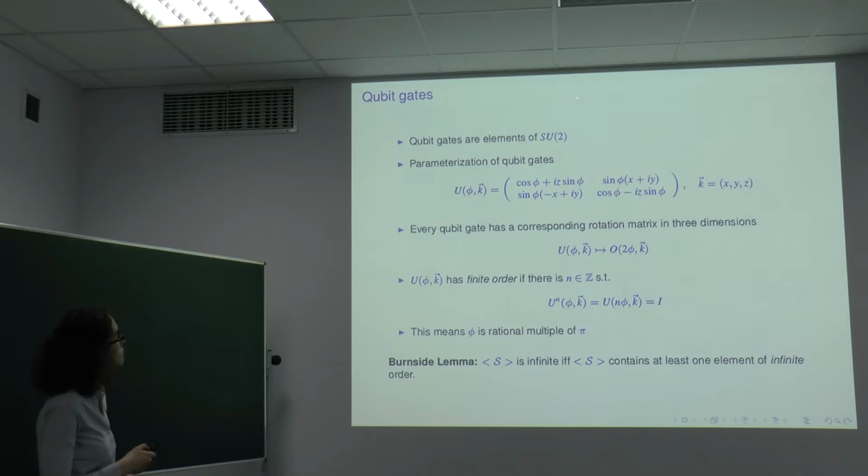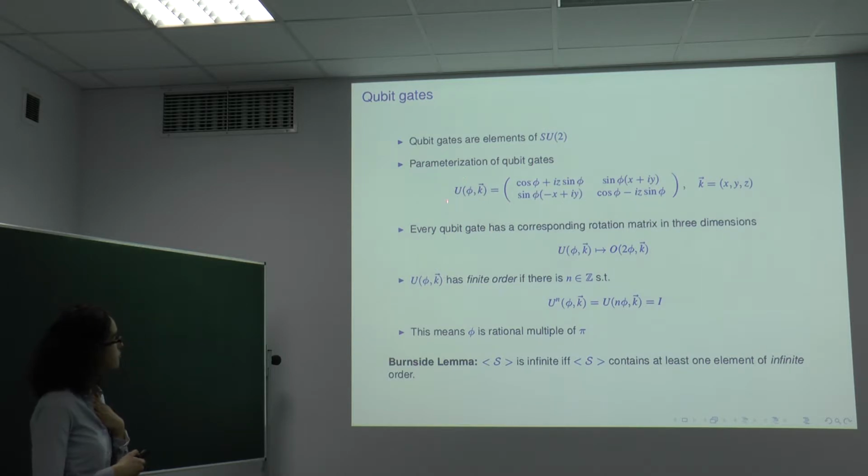Among all quantum gates, especially important are qubit gates, because according to my knowledge, all existing quantum computers work on qubits. So qubit gates are elements of the group of 2 by 2 special unitary matrices, and of course there are a lot of ways of parameterization of such gates.